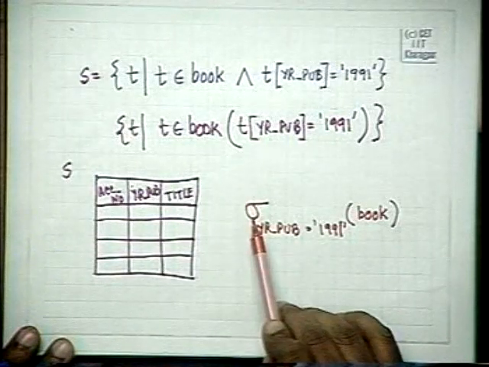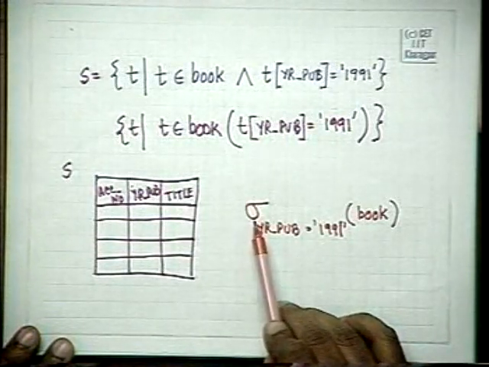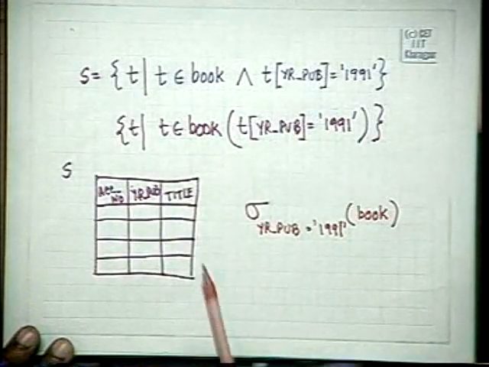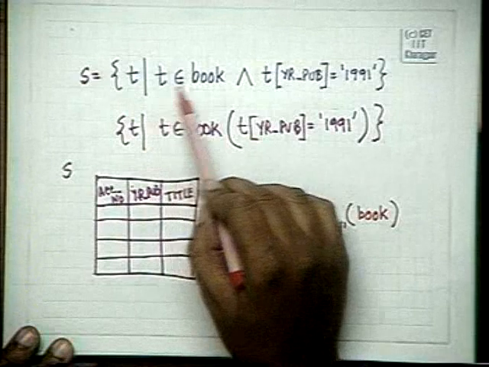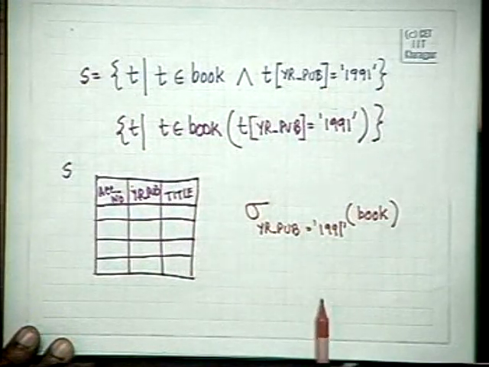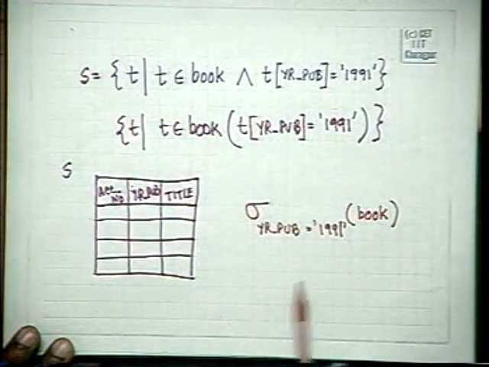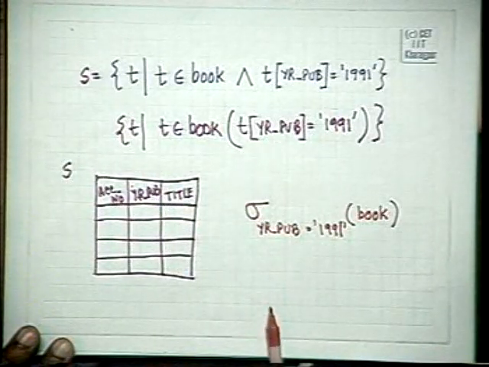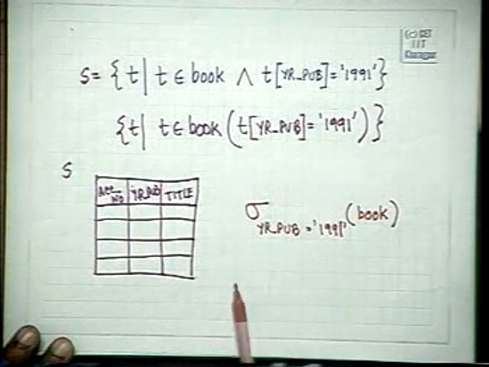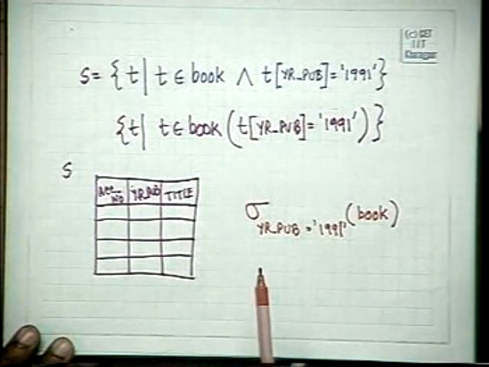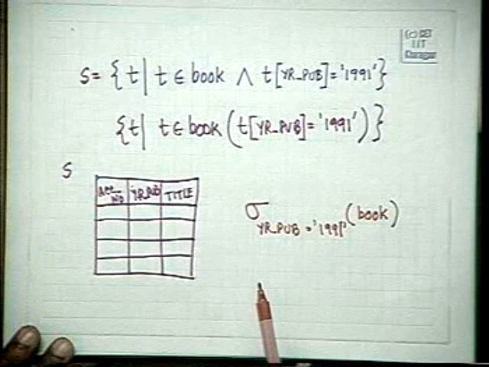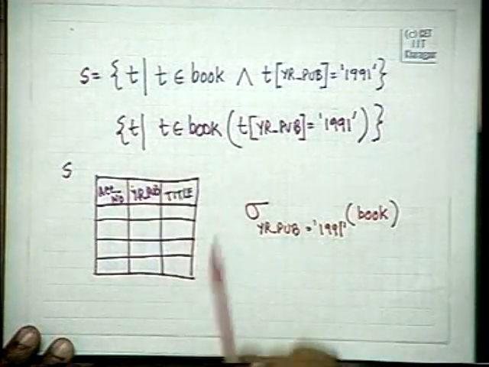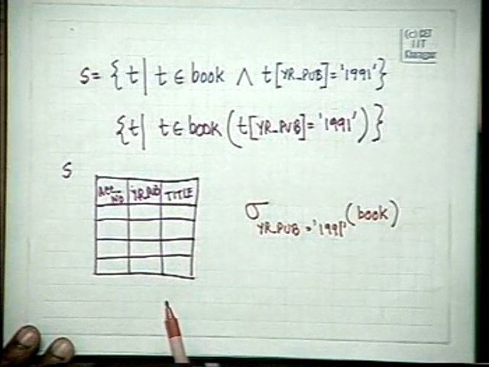Now here we explicitly mention you have to select those elements. On the other hand, here we say for every element of T, this relation must be satisfied. How you will get the elements of T, we do not explicitly mention. That is the major difference, and it will become more and more clear as we come to newer and newer examples. So this way we have got those books which appeared in 1991.